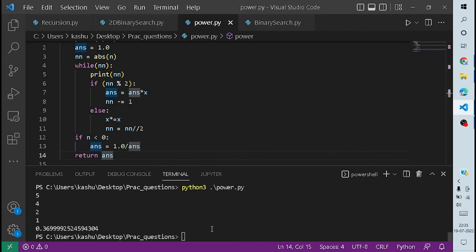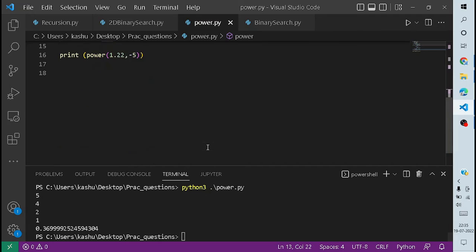So let's see what do I get over here for 2 to the power of 10, let's say.